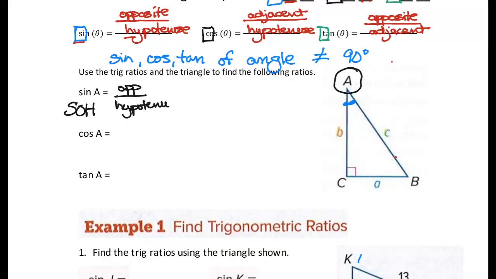If you are coming from angle A and you go straight out from that side, the opposite side of angle A is going to be the side of length A. So in this case, that would be A over the hypotenuse, which is your C value. Okay? Is everybody with me on that?